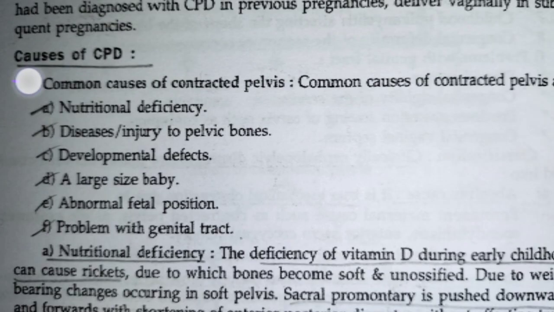Causes of CPD. First, nutritional deficiency. Because of vitamin D deficiency, we get rickets. You know what rickets is? The legs will be bowed like this, and we can have a pelvic defect also.